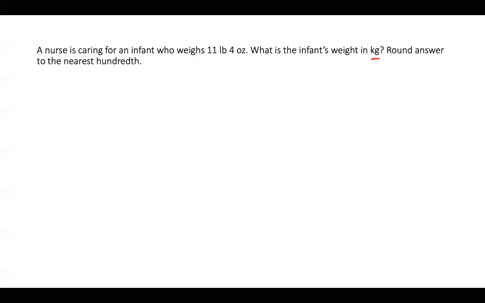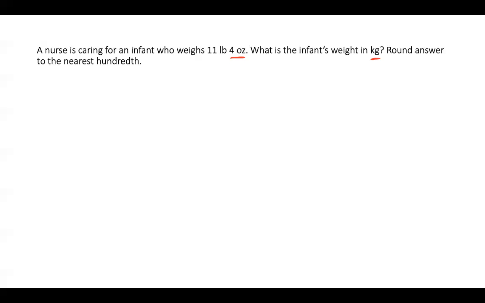But we know, because we had Miss Hobbs for dosage calculation and she told us this, you have to convert these ounces to pounds first before you can determine the infant's weight in kilograms. Now, if it just had said the infant weighs 11 pounds, you can go ahead and convert straight to kilograms. But those 4 ounces have to be converted to pounds first.